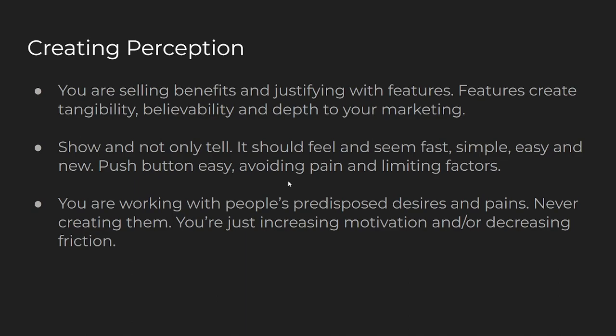Limiting factors could be: is this safe? Is this expensive? Does this take a long time to get results with? Stuff like that. Okay, and we're always working with predisposed desires and pains. We're never creating them. We're just increasing motivation or decreasing friction. So we're never trying to create desire around our product.